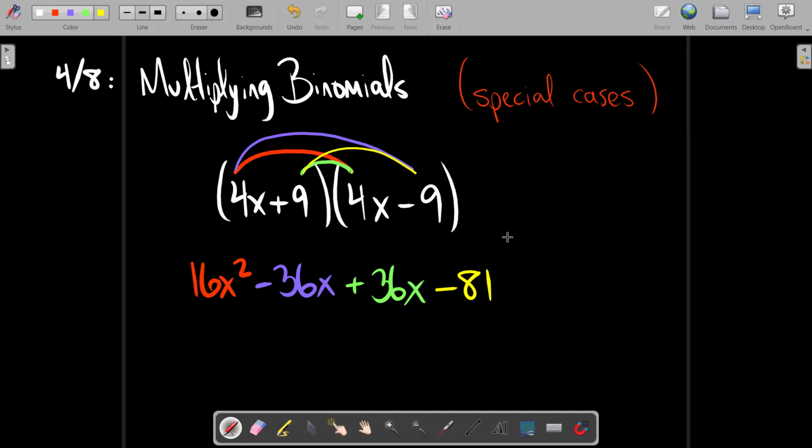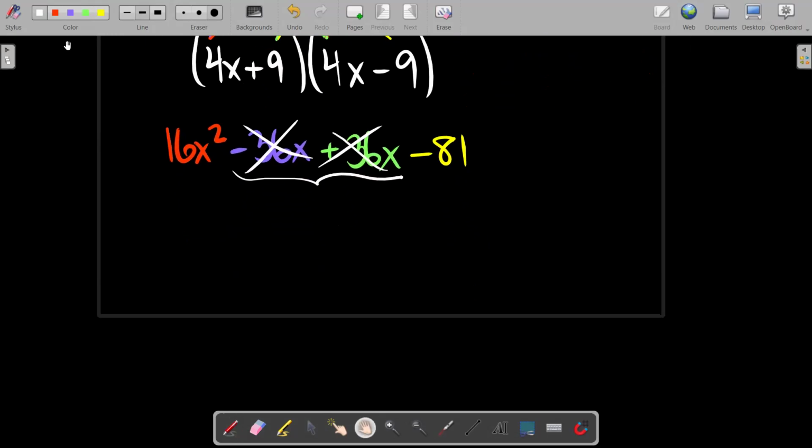If all 3 conditions are met, first terms match, back terms match, signs are opposites, 1 plus 1 minus, it is 100% inevitable that these 2 terms right here will always eliminate each other, leaving us not with a trinomial like most of our answers, but a binomial. So our answer here would be 16x squared minus 81.